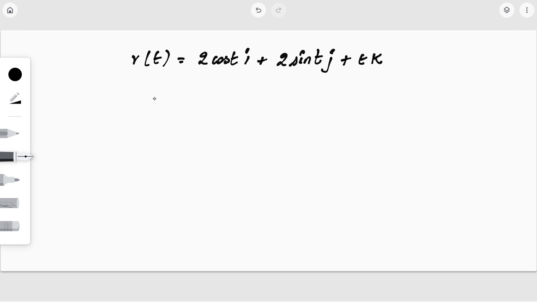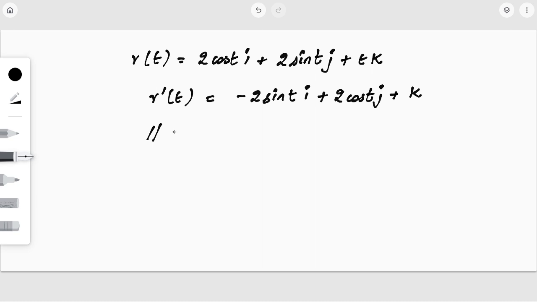To find the arc length we must first determine r dash of t, then find the magnitude of r dash of t. So r dash of t would be minus 2 sin t i plus 2 cos t j plus k.